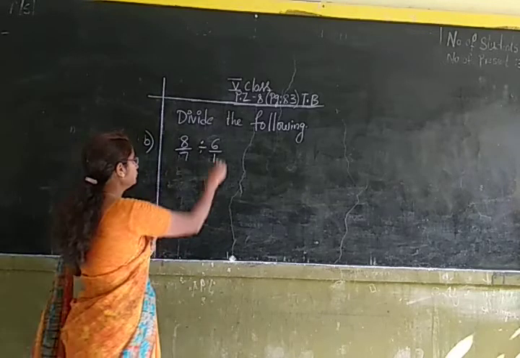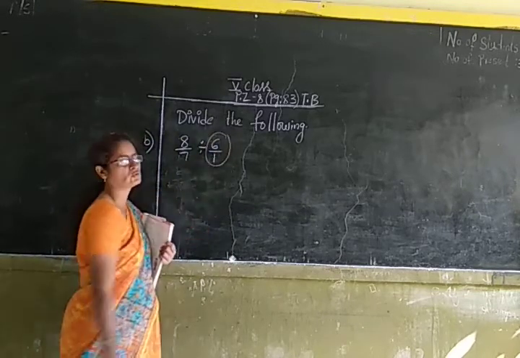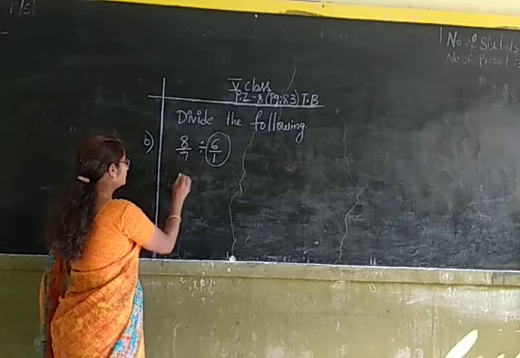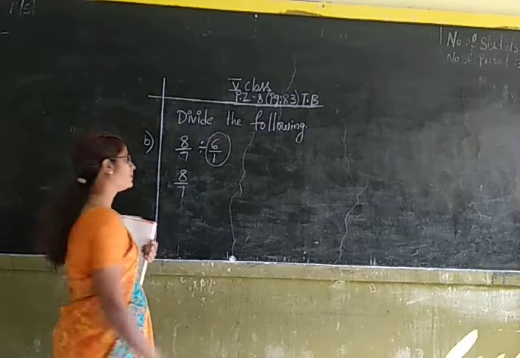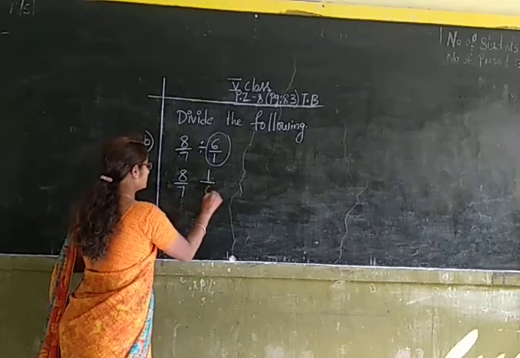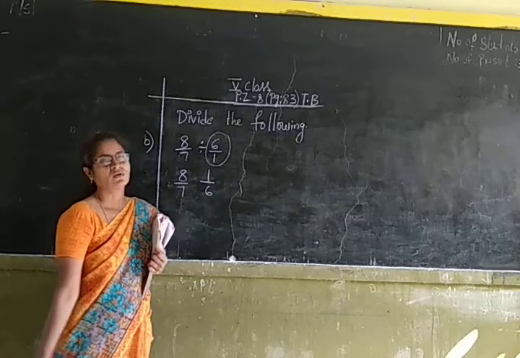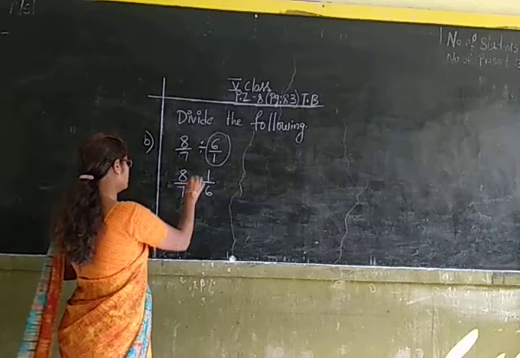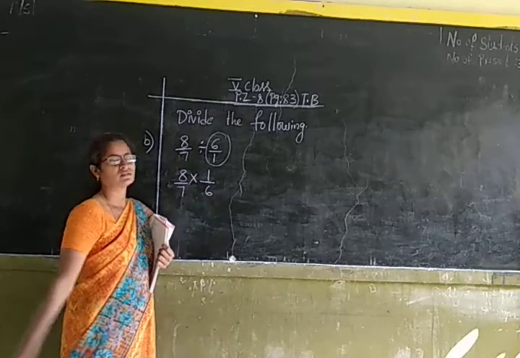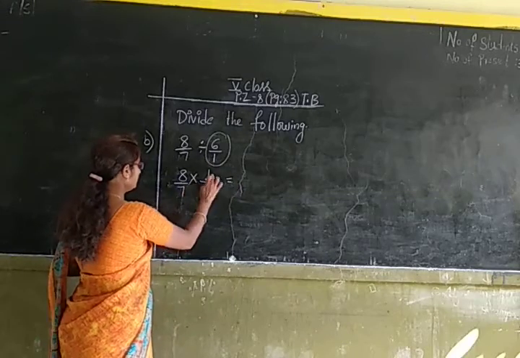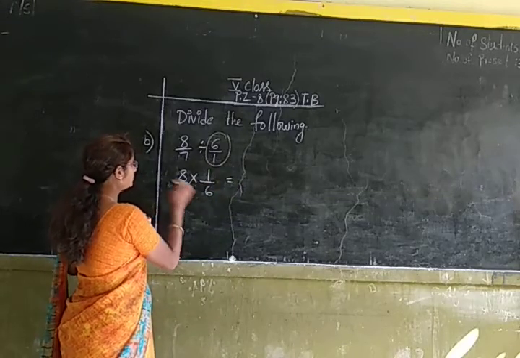Now we write down the reciprocal of this whole number. The reciprocal of 6 by 1 is 1 by 6. After writing the reciprocal, you have to multiply both the fractions, the numerator with the numerator and the denominator with the denominator.